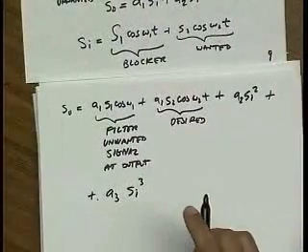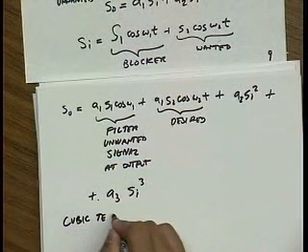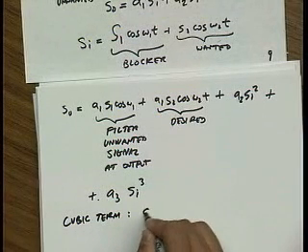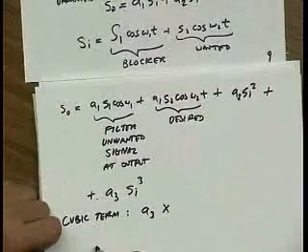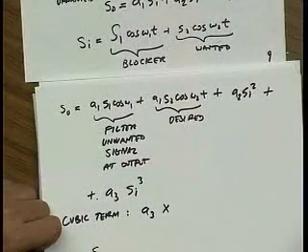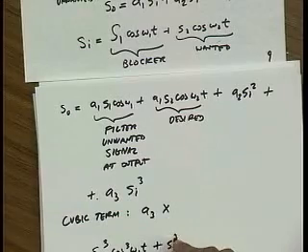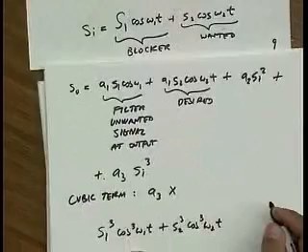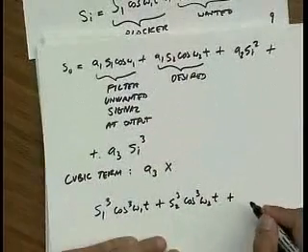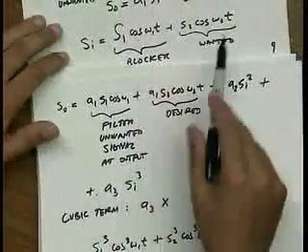So let's expand out this cubic term. So the cubic term is A3 times this cubed. So this is going to give me S1 cubed cosine cubed omega 1t. It's going to give me S2 cubed cosine cubed omega 2t. It's going to give me 3 times this term squared times that term.